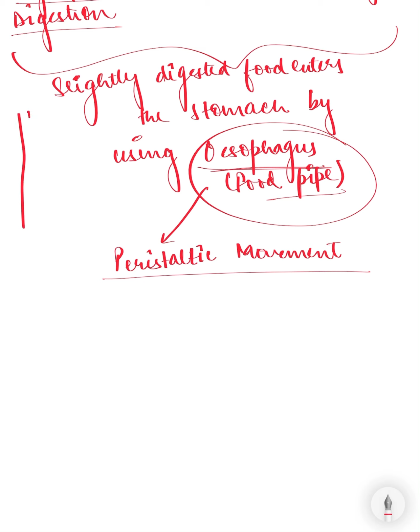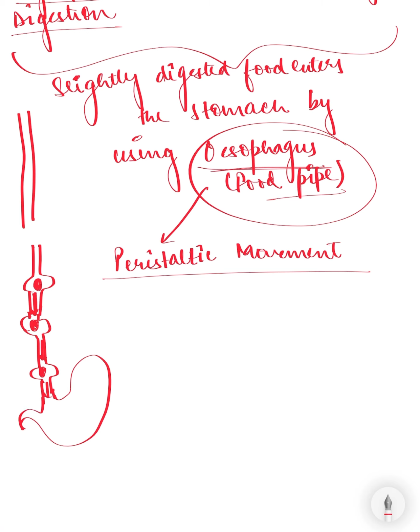Now in the relaxation stage, when there is no food, it looks like this. But when there is food, it looks like this. These are the movements of the esophagus. Suppose this is the food globule. These movements help in the pushing of the food in the downward direction like this, so that it reaches the stomach.